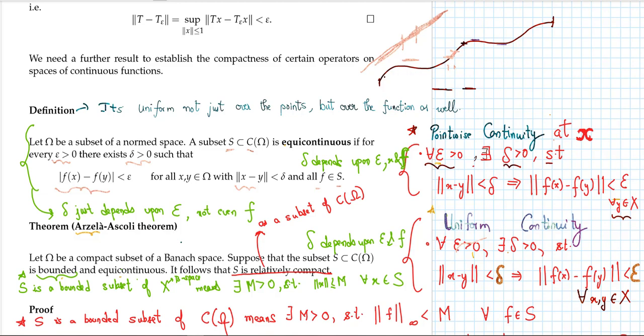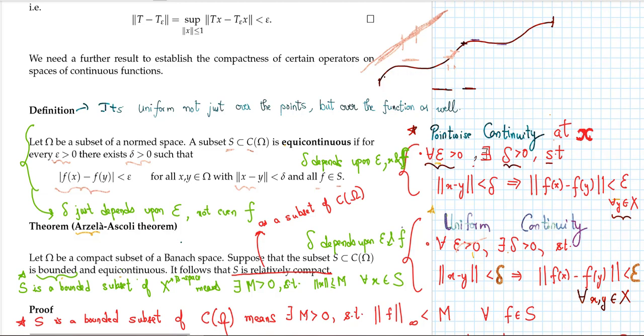It's some kind of super continuity, that I am continuous over the set of all continuous functions defined over omega. Now once we have understood what equicontinuous means, we would summarize it: it's not just uniform over the points, but over the functions as well.